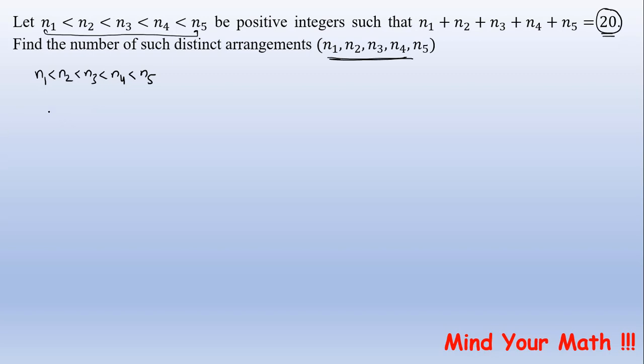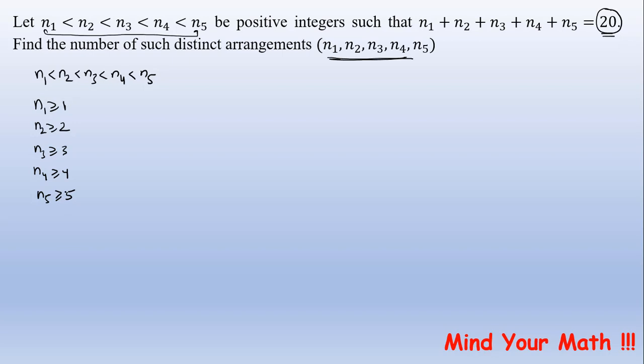So first thing, can we say n1 will definitely be greater than or equal to 1, n2 will definitely be greater than or equal to 2, n3 greater than or equal to 3, and so on? Because n1 has to be the least, so it has to be greater than or equal to 1.